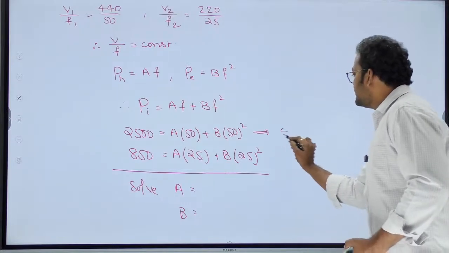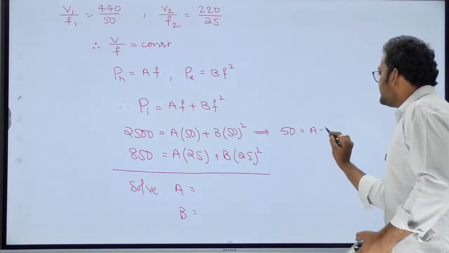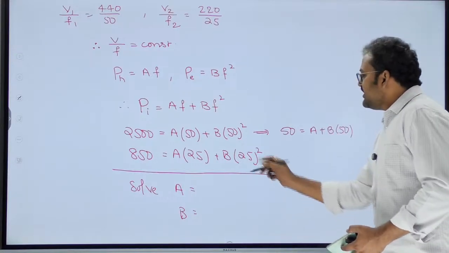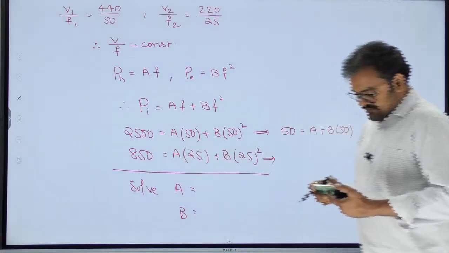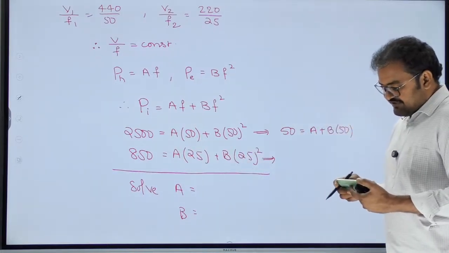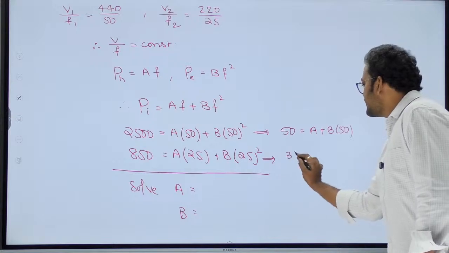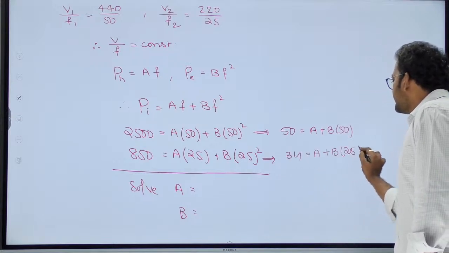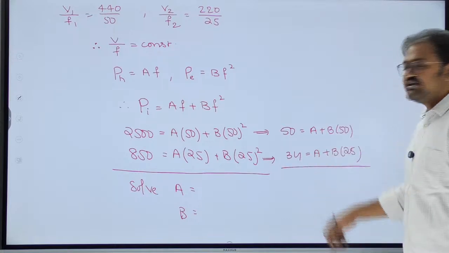It will become 50. 50 is equal to A plus B into 50. Divide second equation both sides with 25. Then 850 by 25, this is 34. 34 is equal to A plus B into 25. Now I think these two equations are easy to solve.